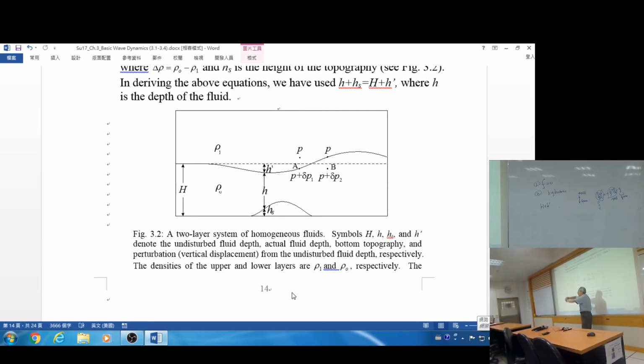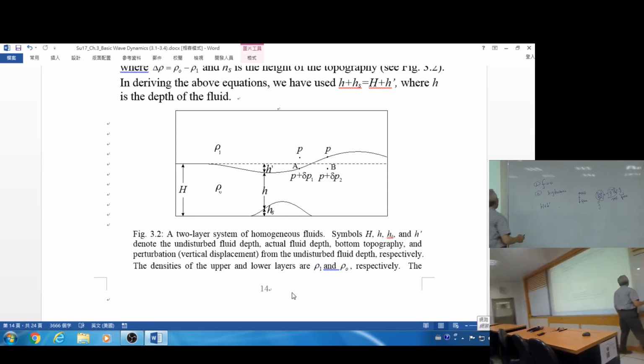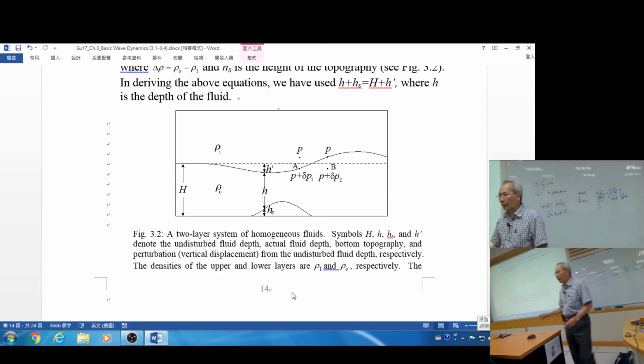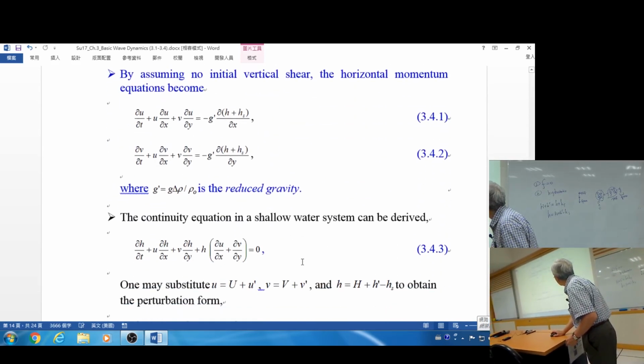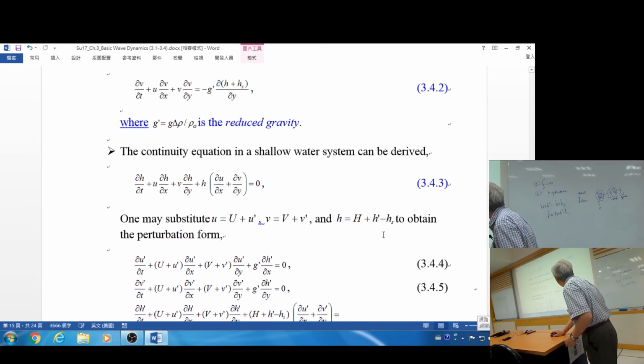If it's elevated, it will be positive. That equals this part. Agree? So in this way, H will be equal to H plus H prime minus H sub S. And that will be correct here.